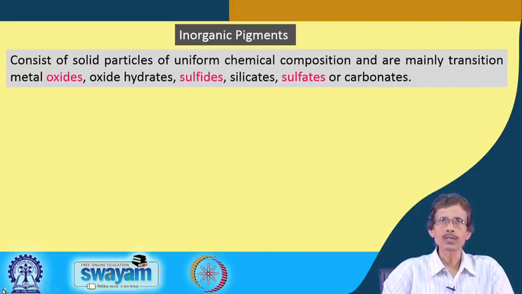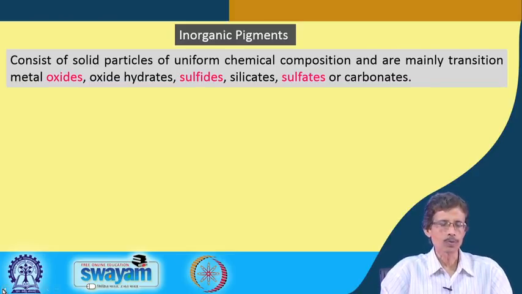What are those materials? We can define inorganic pigments as solid particles of uniform chemical composition. It is not a typical mixture of one part A and another component B or C. It is not a mixture of A, B, C, but it can have a uniform chemical composition.